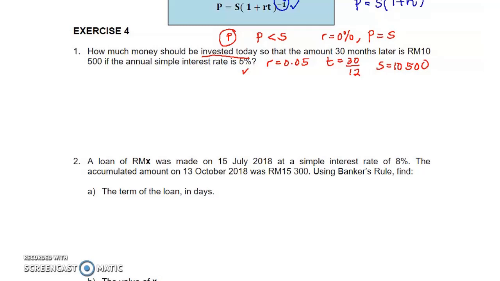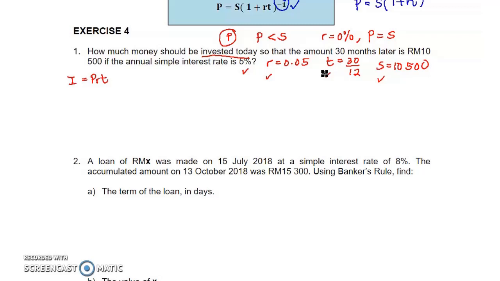Now again, which formula do we need to use? Look at the info that you have. We only have info about S, R, and T. Can we use the formula I equals PRT?